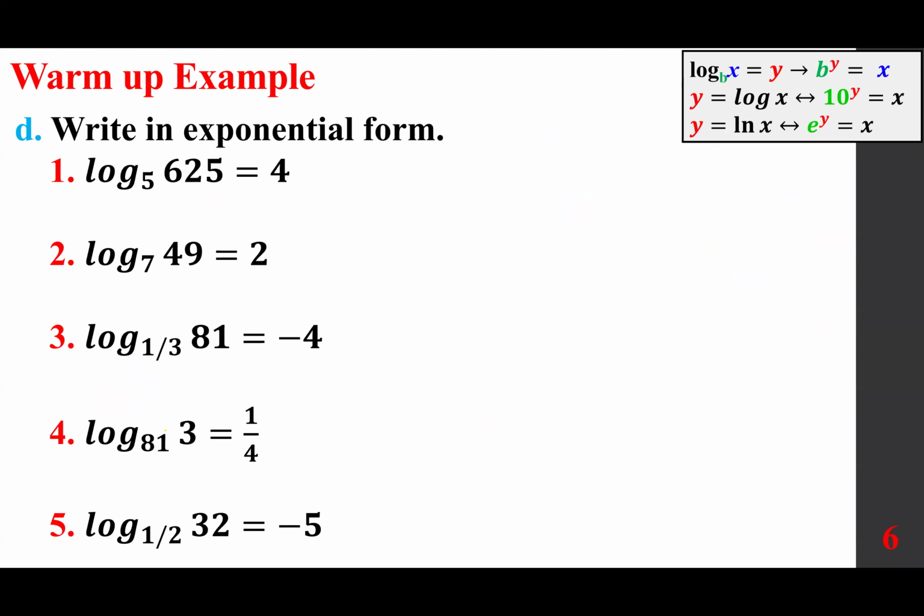Now we want to go the other way around, from logarithmic format to exponential format. This is 5 to the power of 4 is 625. Seven squared is 49.